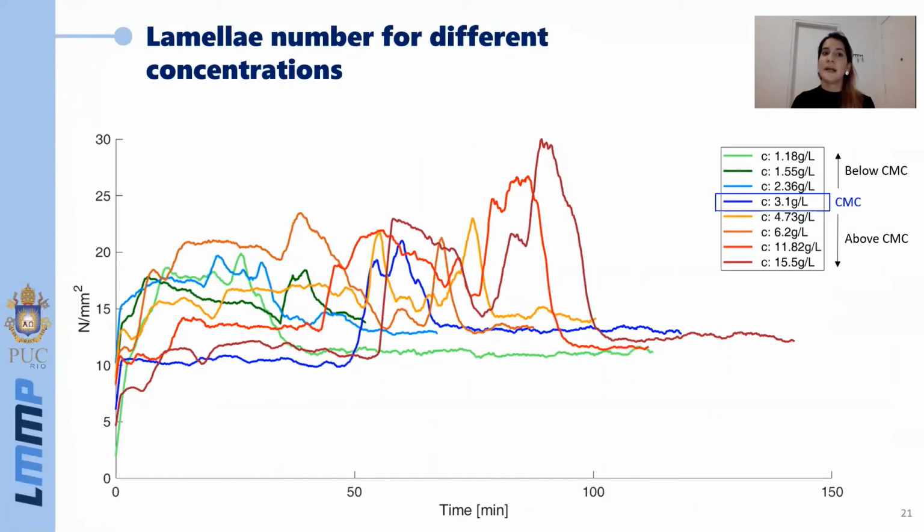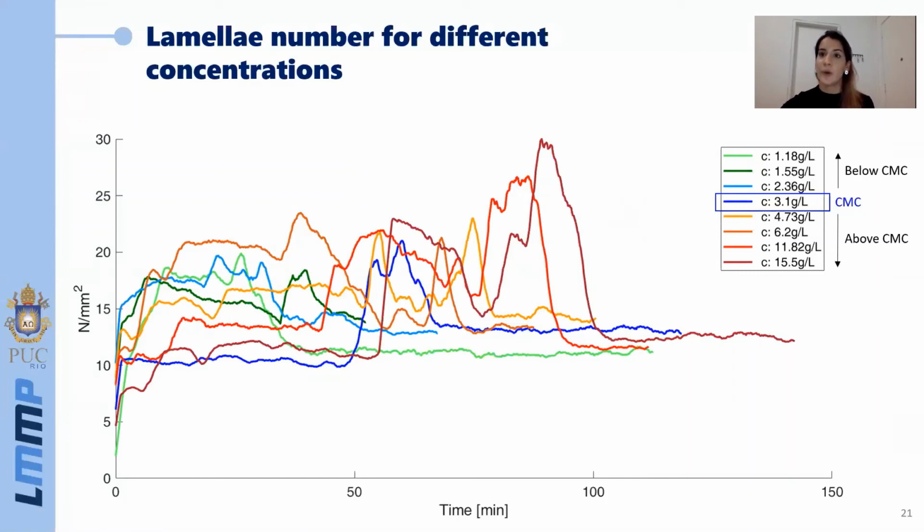So, counting the number of lamellae with time. Here we can see the number of lamellae per square millimeter. And we can see that for higher concentrations, we also have a higher number of lamellae. So when we increase the concentration, we are increasing the lamellae formation.